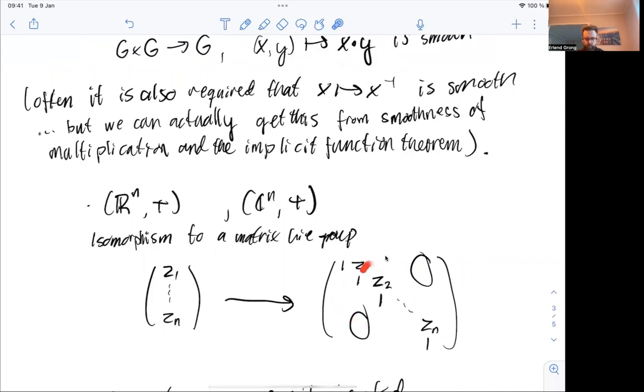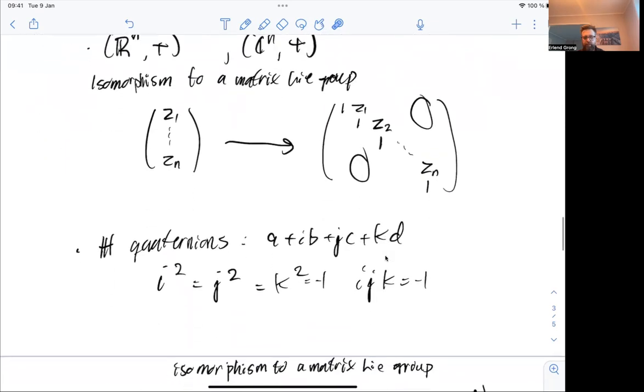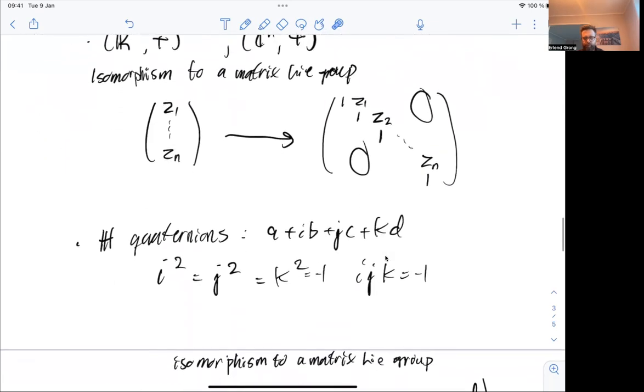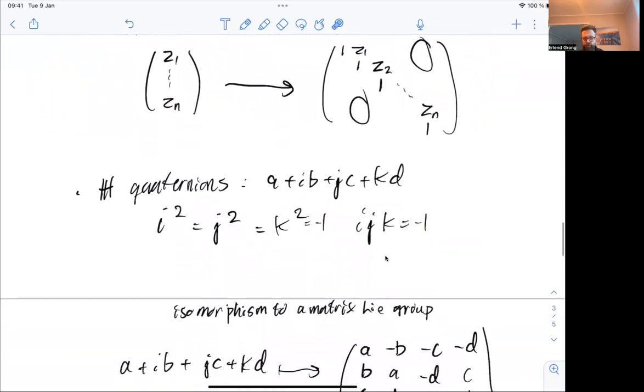But there have been times where I wanted to do the example of Rn with plus or Cn with plus, and I've tried to avoid it because it's been annoying to write these types of matrices. So sometimes it's good to be able to express things a bit more compactly by not necessarily writing them as a matrix. It's the same as what we saw with the exercises with the quaternions.